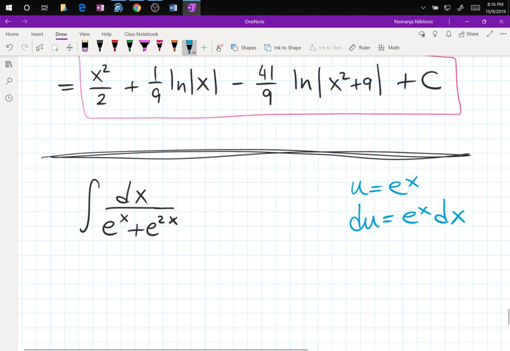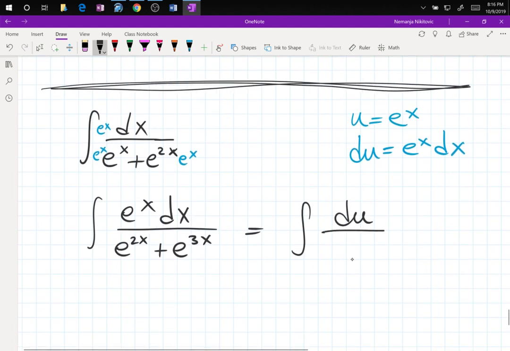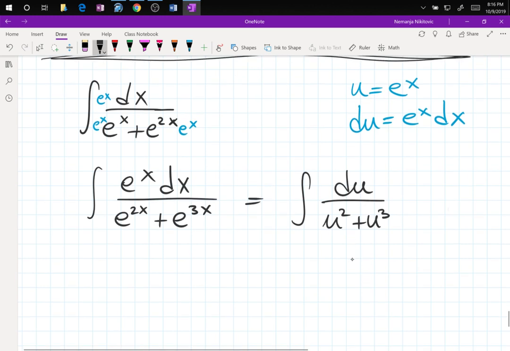How about if I multiply by e to the x on top and bottom, and now get e to the x dx divided by e to the 2x plus e to the 3x, which becomes du over u squared plus u cubed. And then you do partial fraction decomposition. Isn't it cool?